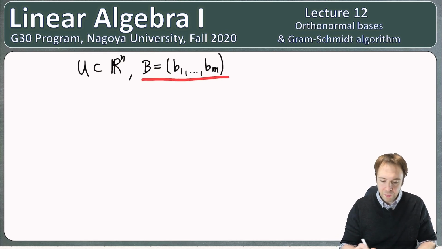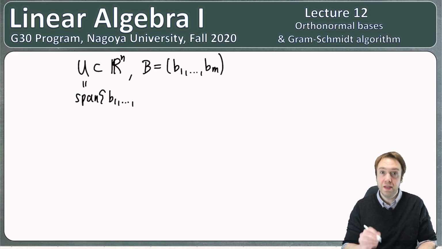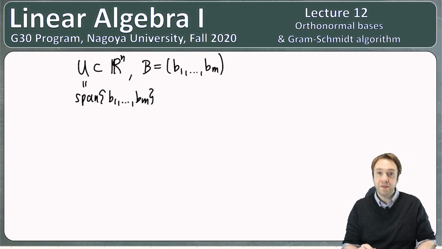And this here was a basis if these elements, b1 up to bm, span the space U. So this means I can write every element in U as a linear combination of these vectors. And the second condition was that they are linearly independent. And from this it follows that every element in U can be written uniquely in terms of these elements.